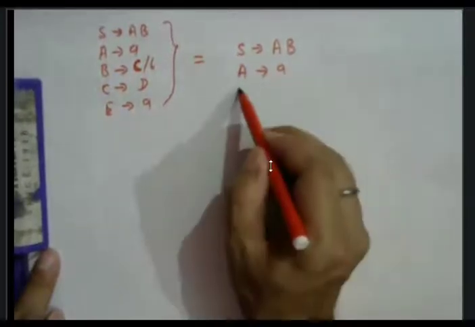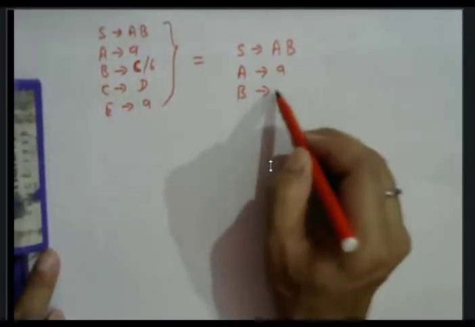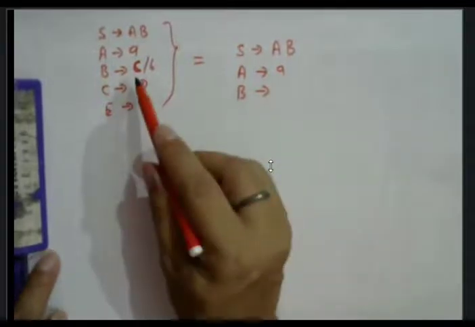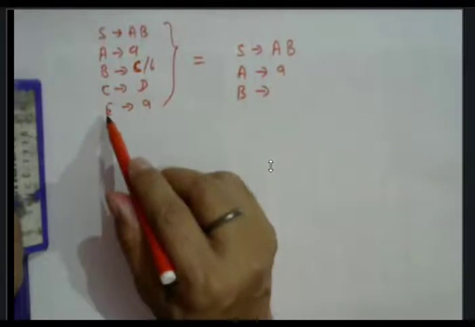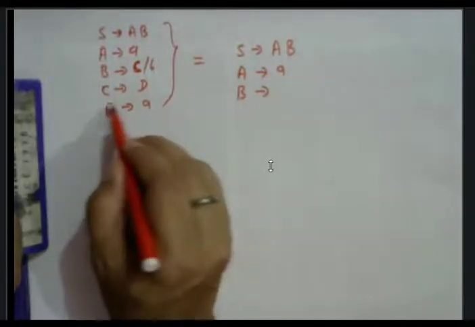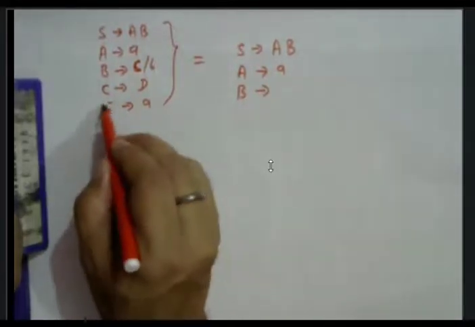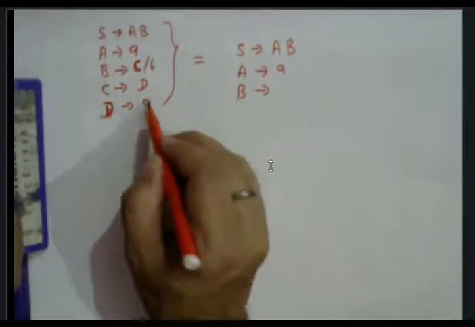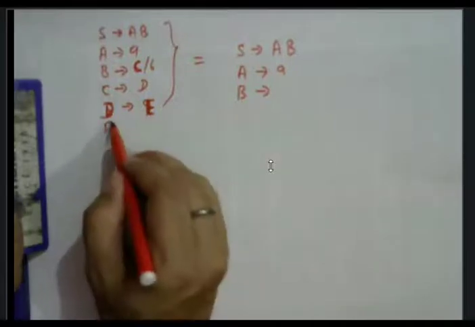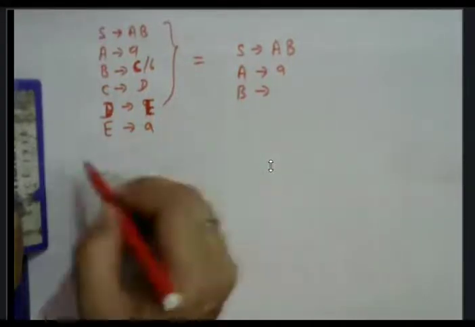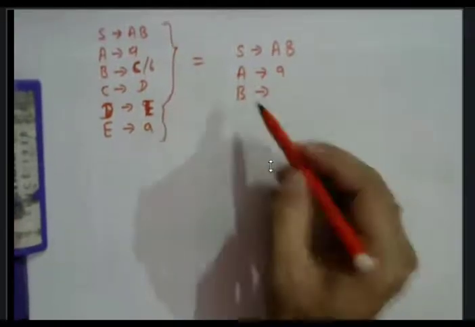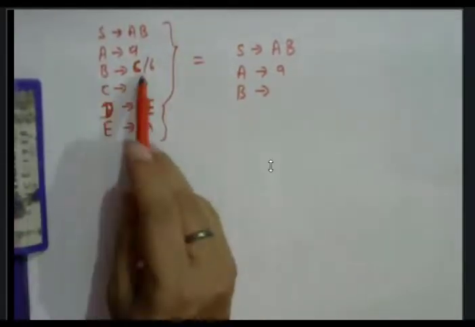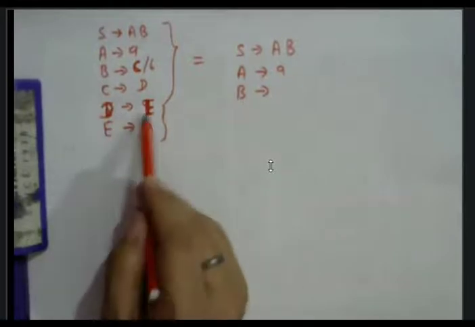Then B tends to C, and C tends to D, D tends to E, and E tends to A. That is the grammar given in the example.